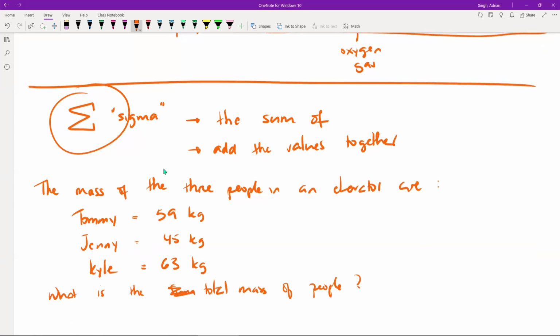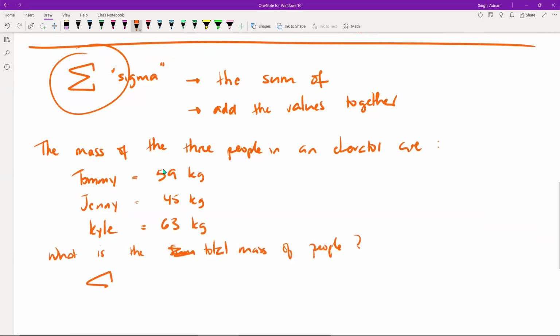So what we're trying to find here is the sum of the mass. And that would be the mass of each of those people. We can use the same kind of notation: the mass of Tommy, so mass with subscript Tommy, plus the mass of Jenny, and you can maybe just use the initial if you wanted to, plus the mass of Miles. If you had more people, you would just add them together.